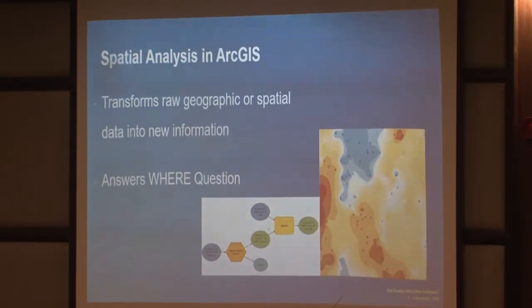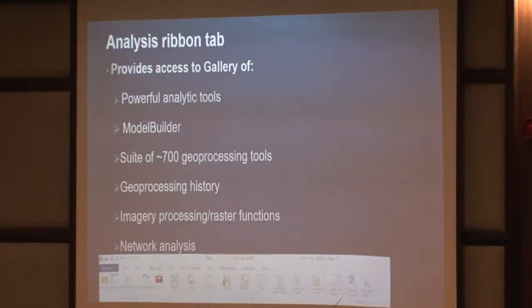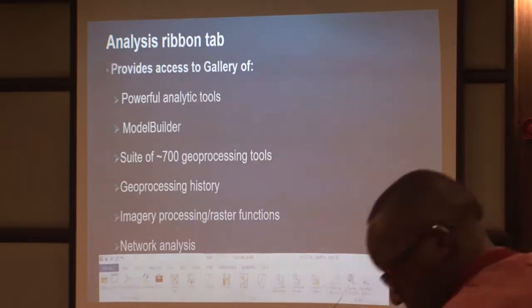So spatial analysis is all about processing your raw geographic data to get new information that you can use to make informed decisions. With ArcGIS, it helps us to answer where questions, like which area has the highest concentration of a certain mineral, or which is the most appropriate site for a school or a public hospital, and so forth.